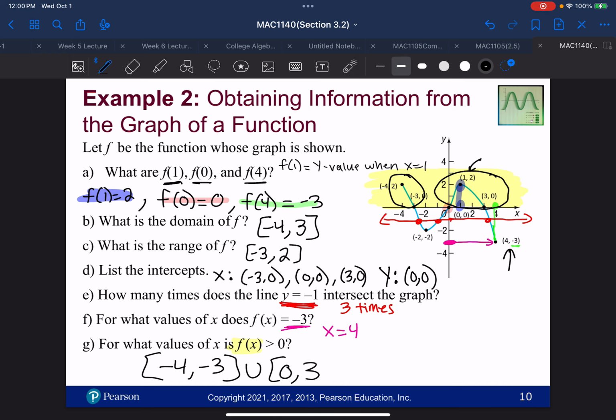And it is an interval because they are above 0 on all of those, in between 0 and 3, and in between -4 and -3. So that would be the answer for that.